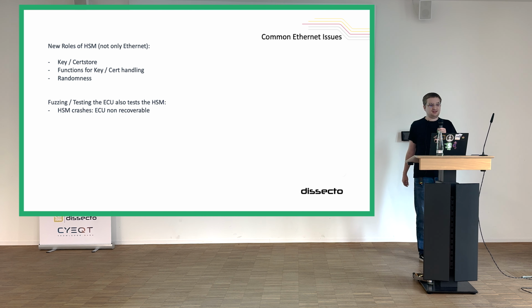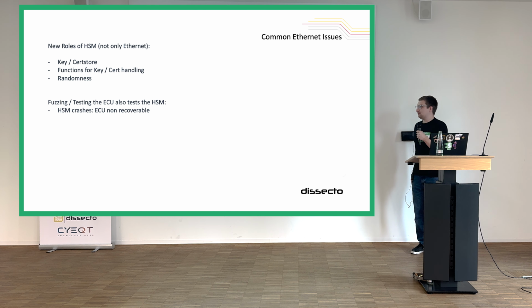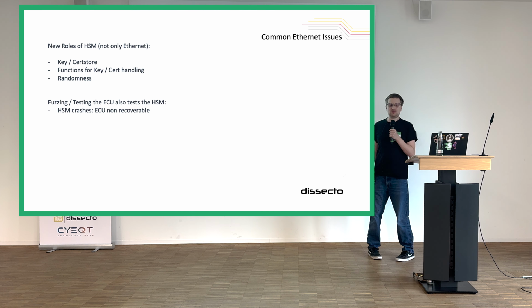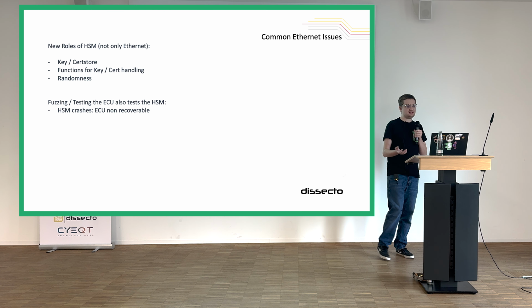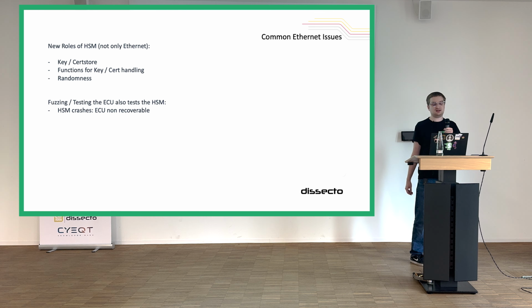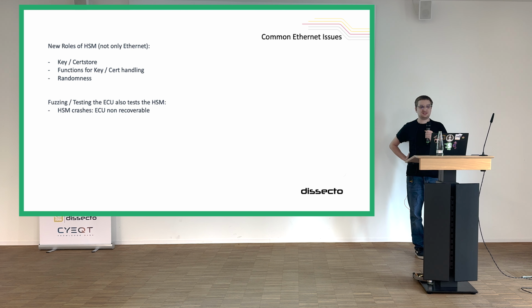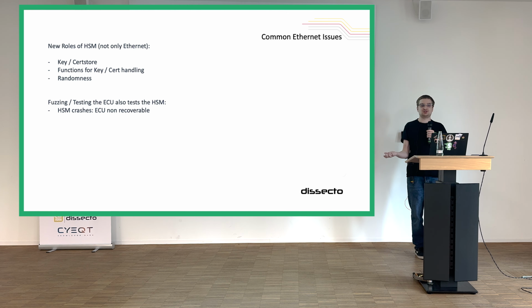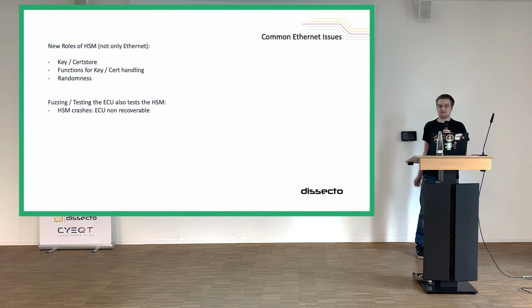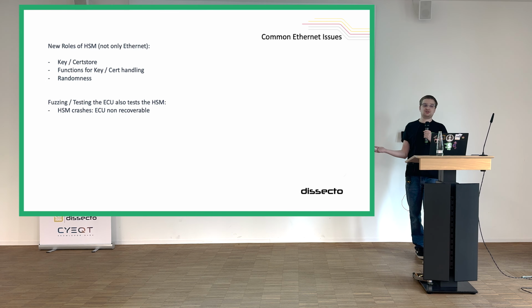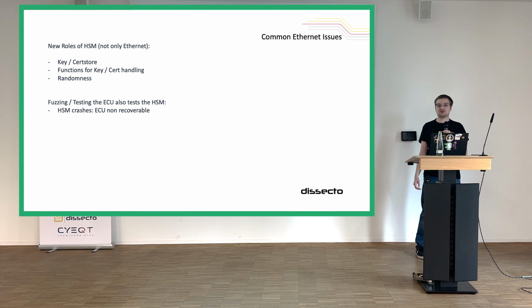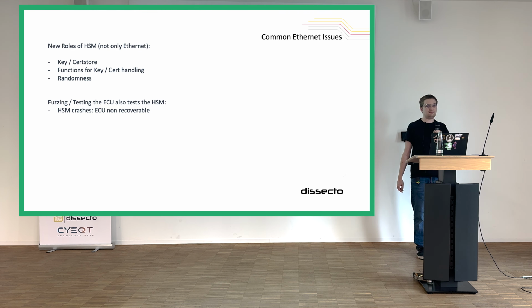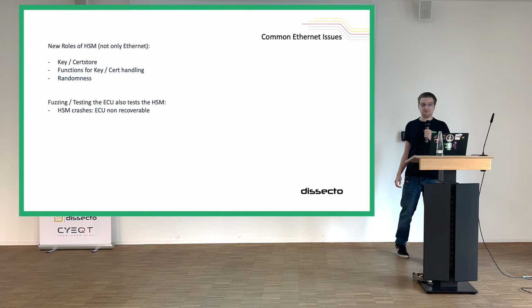One thing that can happen is, if we use TLS or certificates nowadays, keys and everything else, we now have HSMs in the ECUs, and the HSMs can take functions of the main CPU. For example, cert storage, key storage, functions for cert handling. The randomness can come from the HSM.